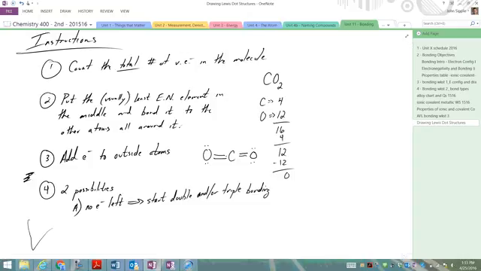Okay, and notice what we have now. 8 electrons still around oxygen. 2, 4, 6, 8. 2, 4, 6, 8. And now with carbon, we've got 2, 4, 6, 8 electrons around it as well.